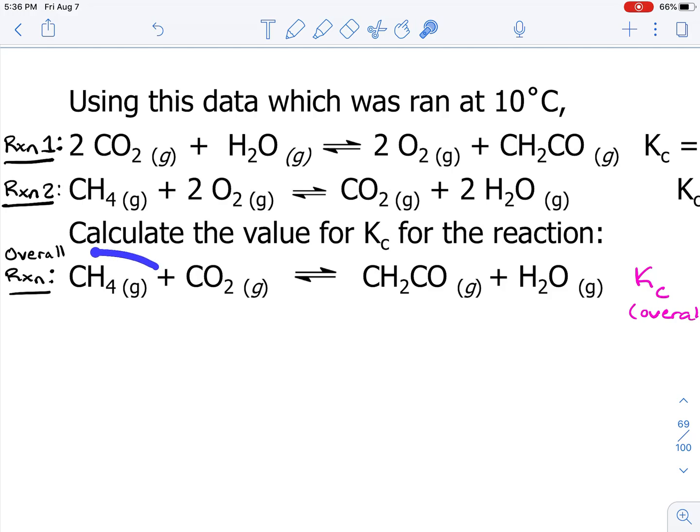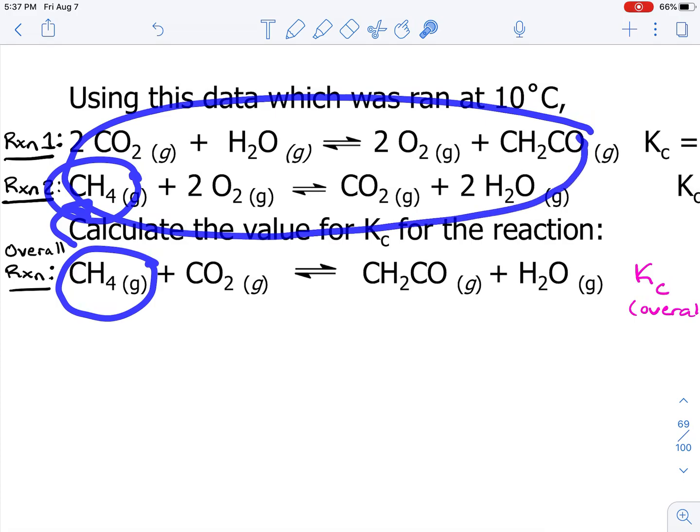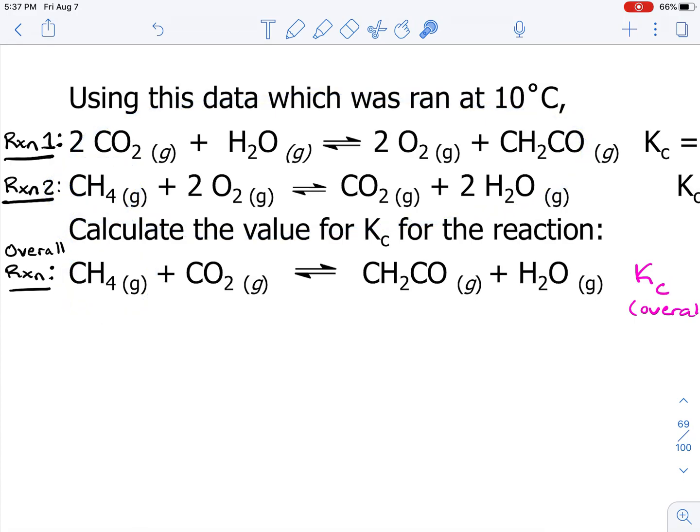Well, my first reactant that I see is CH4. I'm going to search for all of the CH4s that are present in all of these individual chemical reactions. Notice that this CH4 is on the reactant side of the overall chemical equation, so I want my CH4 to also be in the same position. And it is, and so we don't really need to change it.